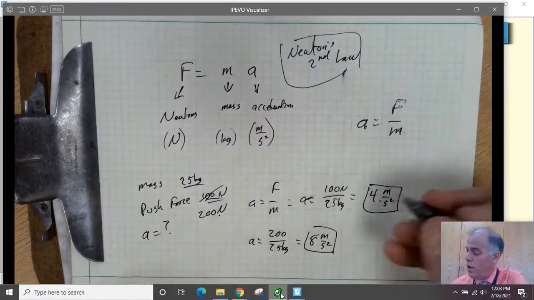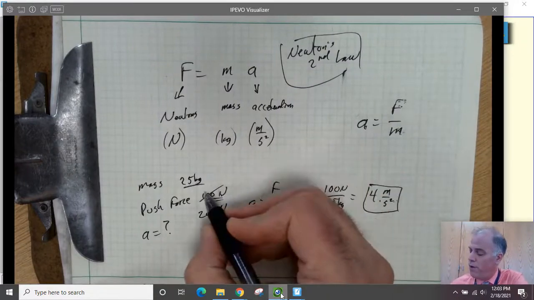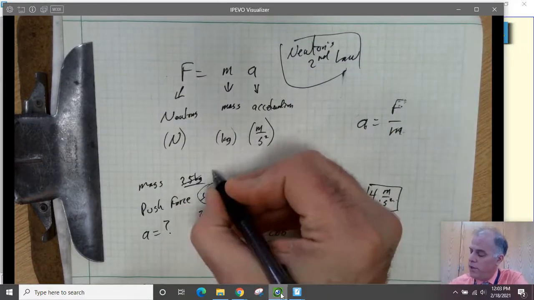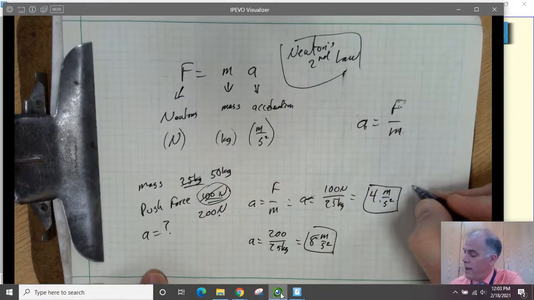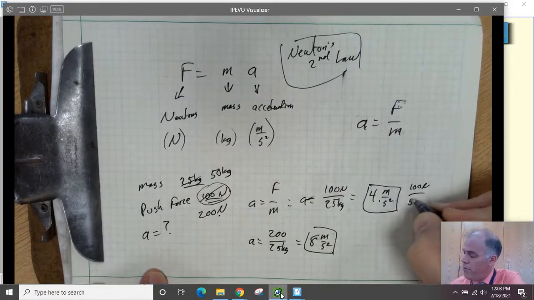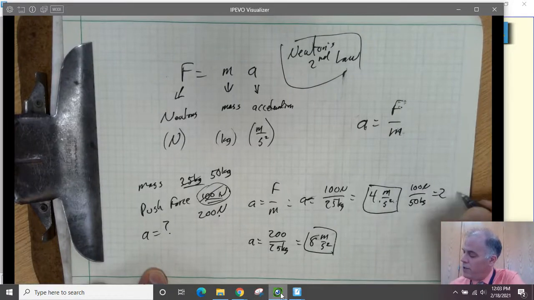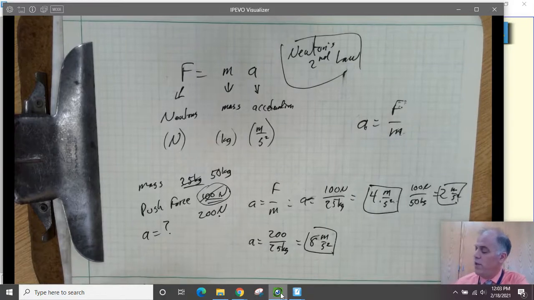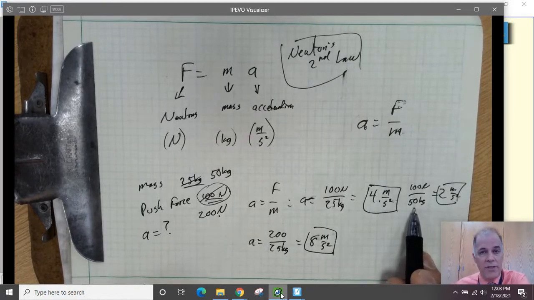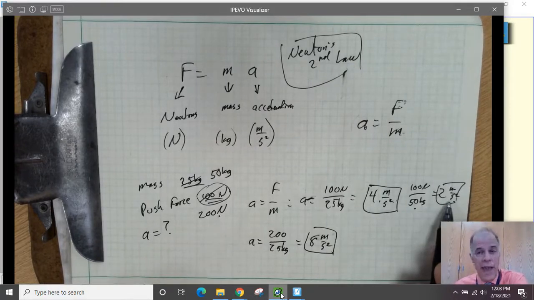Now, what if we change the mass? What if we keep our 100 newtons here, but we change it to 50 kilograms? Okay, now we're going to have 100 newtons divided by 50 kilograms, and we get 2 meters per second squared as our acceleration. So if we double the mass, we cut the acceleration in half.